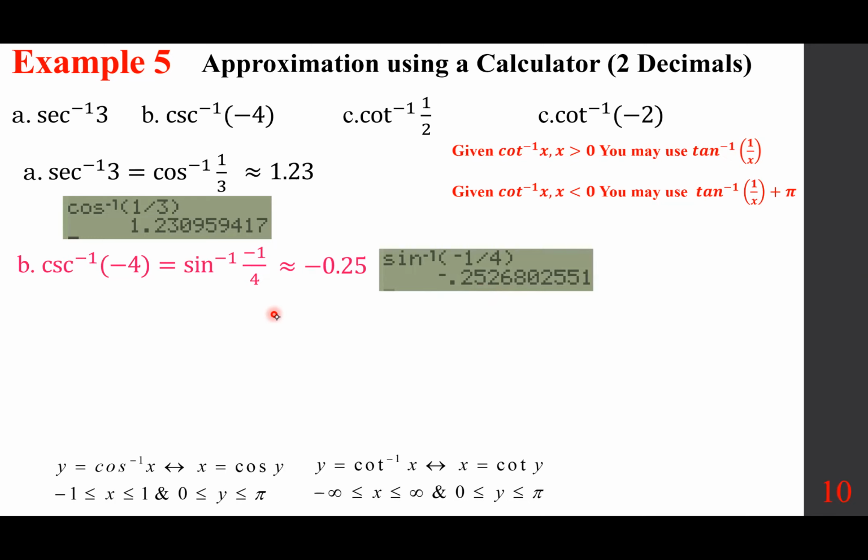If we are looking at cotangent inverse of 1/2, we can say cotangent is x over y. And remember, for cotangent, we are going to go from 0 to pi.